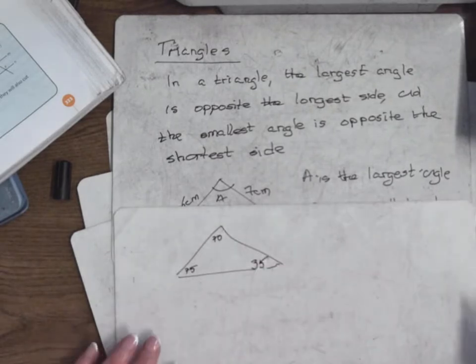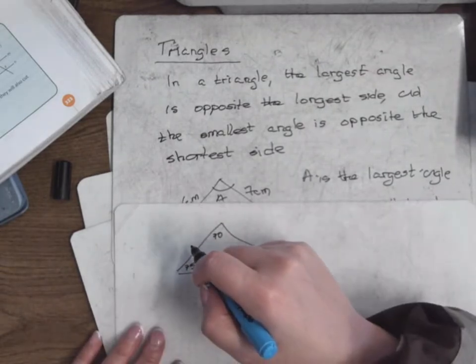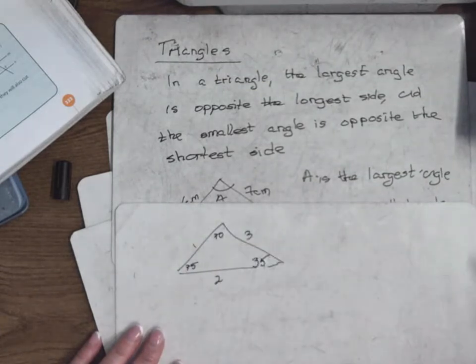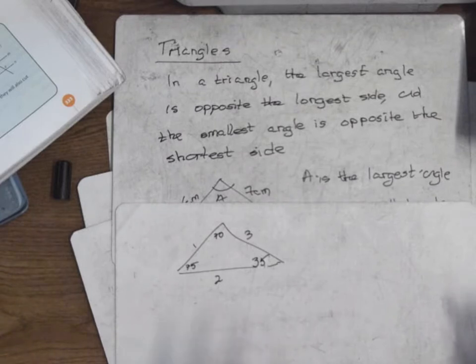Okay, right, and I call this side 1, side 2, and side 3. Well, the converse means the opposite, so the largest angle is opposite the longest side. The other way works, the longest side is opposite the largest angle.